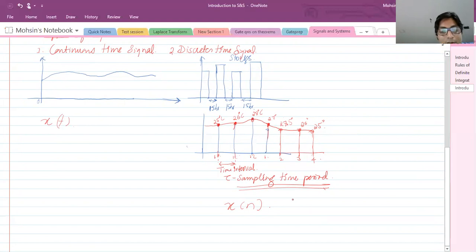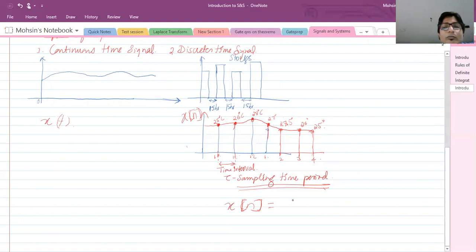It is not usually called a signal, but a sequence. For the sequence you usually use square brackets. If you use circular brackets there is no problem, but most of the time square brackets are preferred as we are representing a sequence.